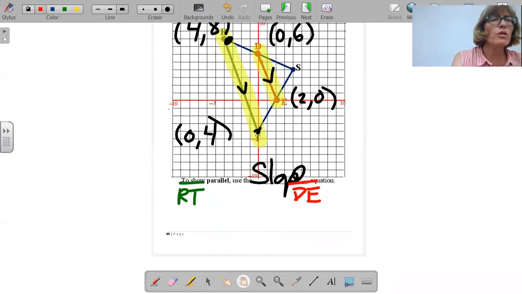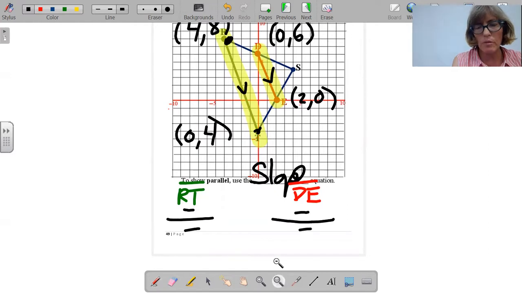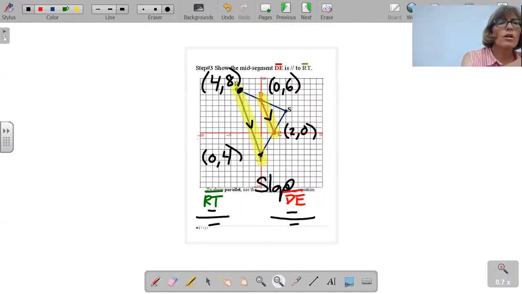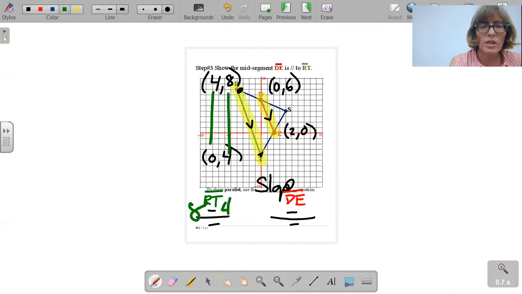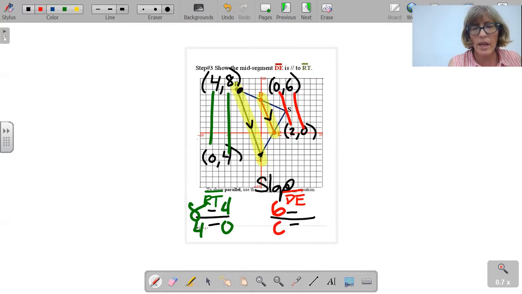We're going to do that using the slope equation. So you're going to make your template. RT, y minus y over x minus x. DE, y minus y over x minus x.